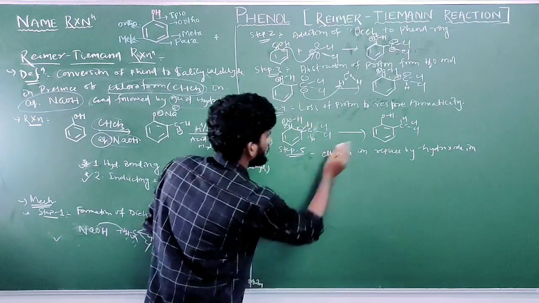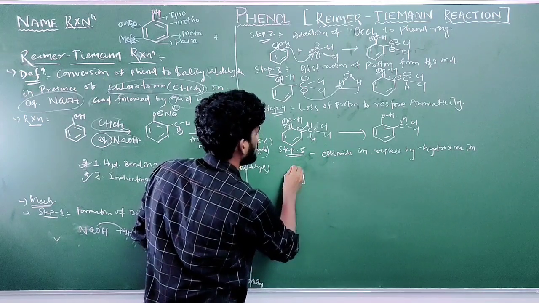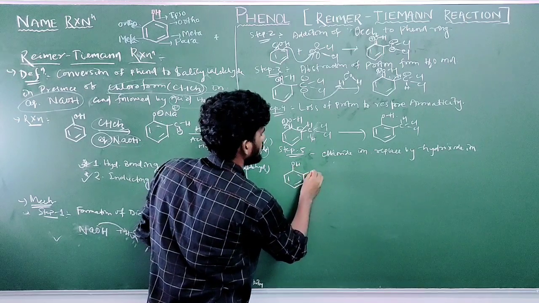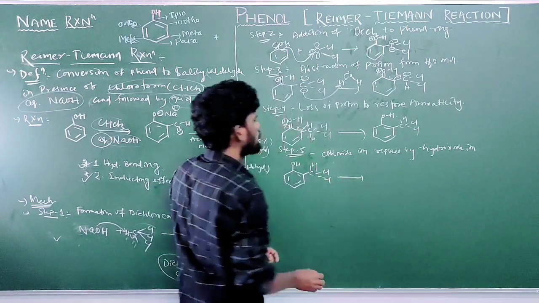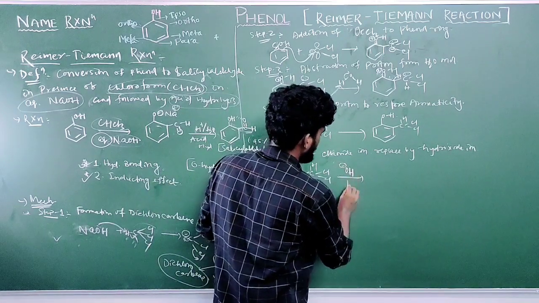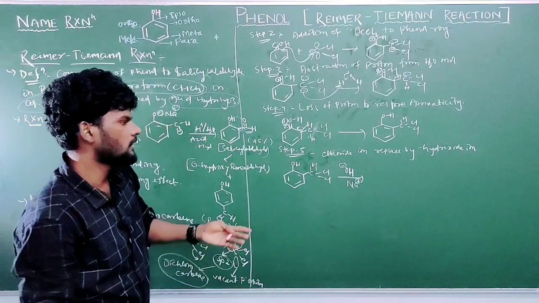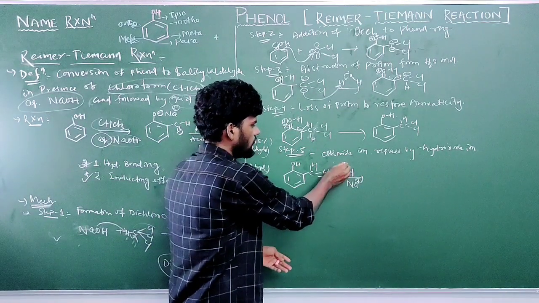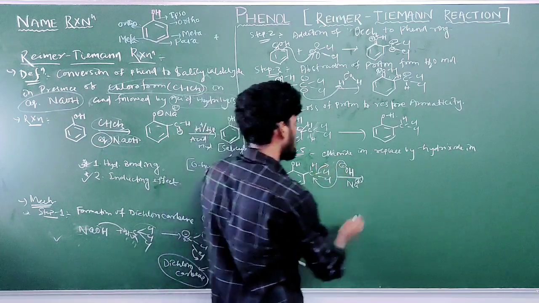So the starting material now is this one, OH, CH, Cl, Cl. Sodium hydroxide dissociates into OH minus and Na plus. Here OH minus is a nucleophile, it will attack this carbon center and the chlorine group releases a chloride ion.